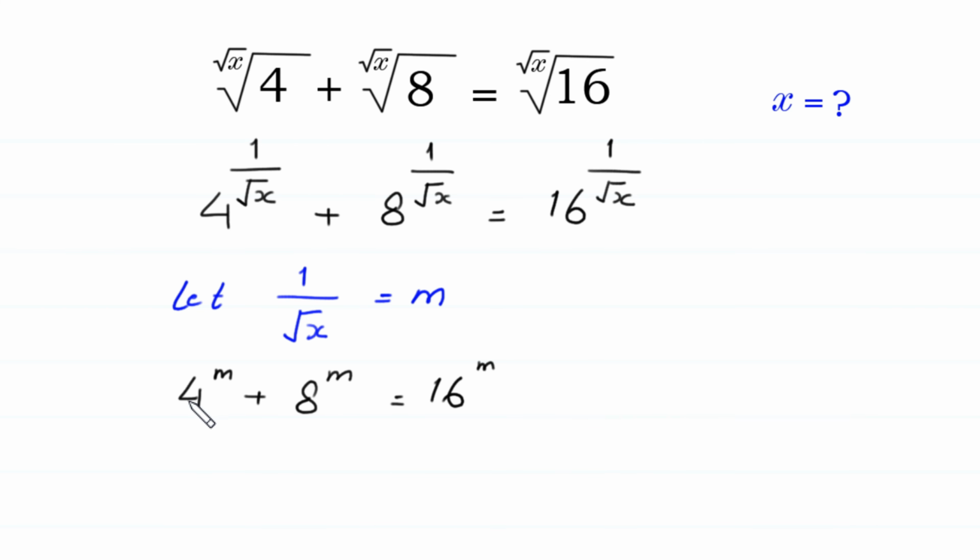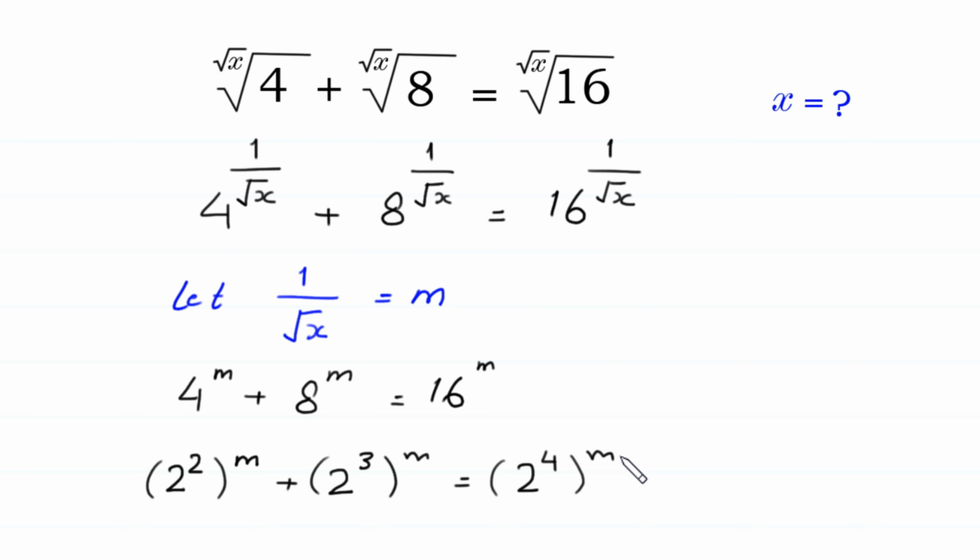Now we can write 4 as 2 squared, whole to the power m, plus 8 as 2 cubed, whole to the power m, is equal to 16 as 2 to the power 4, whole to the power m.